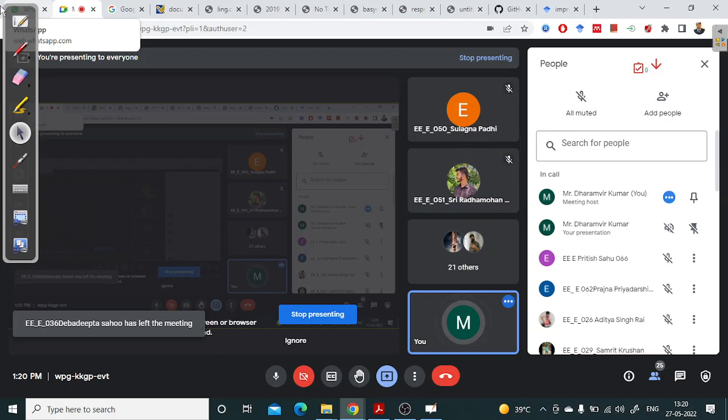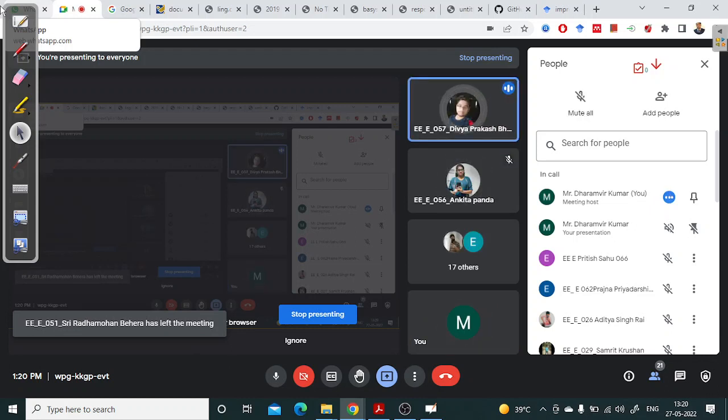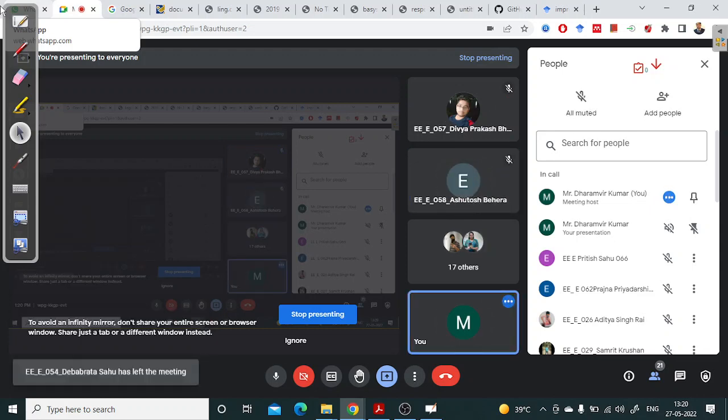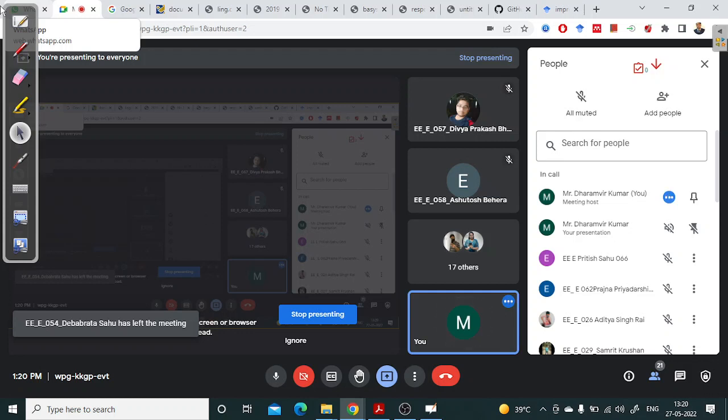Roll number 52, Abhishek, absent. Roll number 53, Devashish Kar, absent. Roll number 54, present, sir. Roll number 55, Kishan Kumar Samal, absent. Roll number 56, present, sir. Roll number 57, present, sir. Roll number 58, present, sir. Roll number 59, Priyanka Chaudhary, absent. Roll number 60, present, sir. Roll number 61, present, sir.